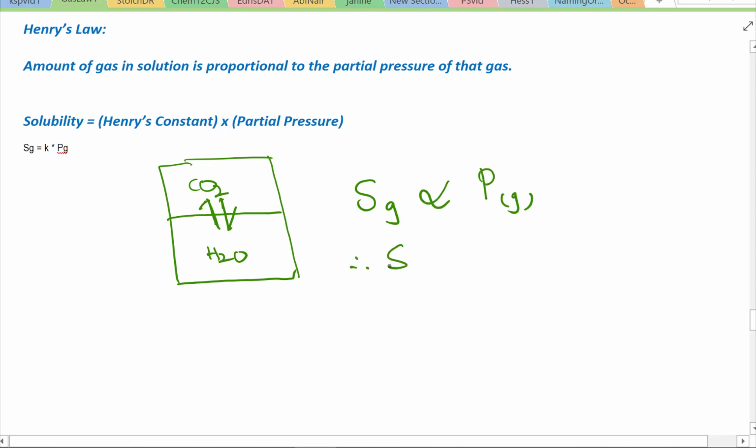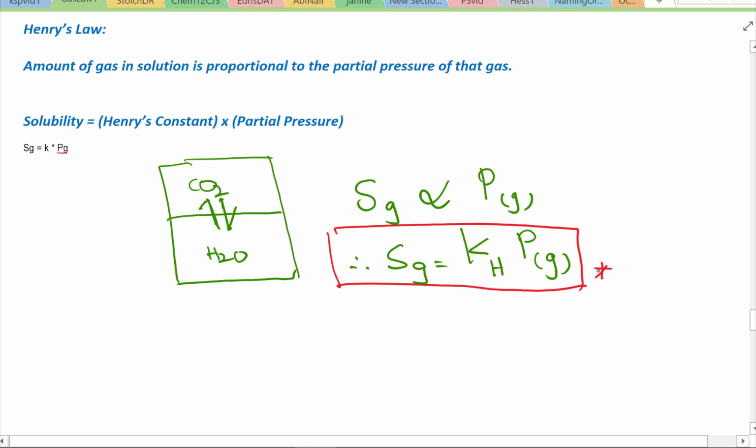So the CO2 solubility depends on the concentration, right? And then we have Henry's constant. So the solubility of the gas times Henry's constant depends on the pressure of the gas. So solubility depends on the pressure of the gas.